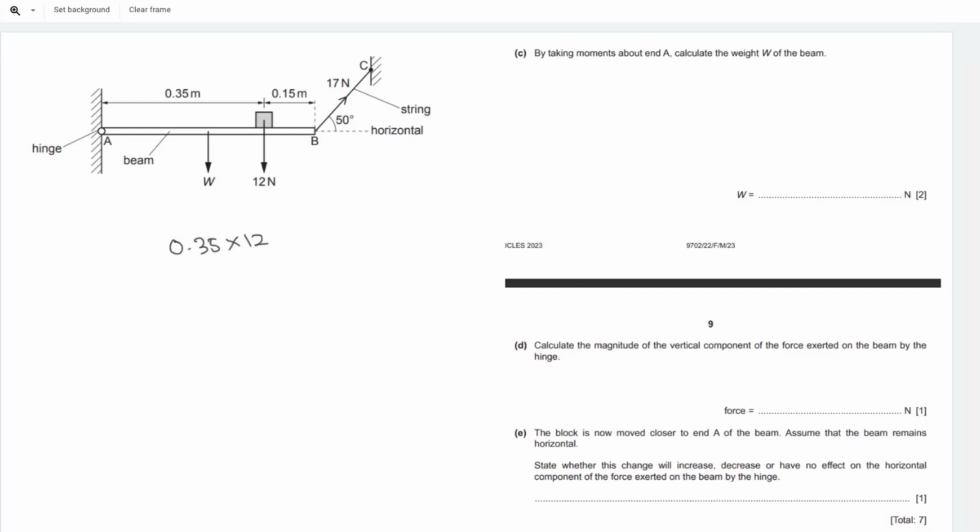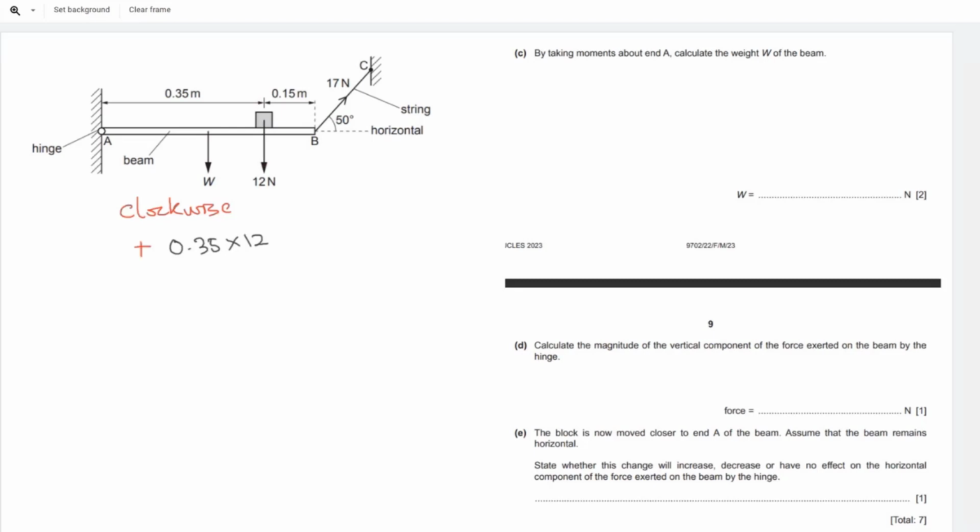The weight W produces a clockwise moment because it wants to rotate this beam in the clockwise direction. 0.35 is the distance here times 12, that is correct.